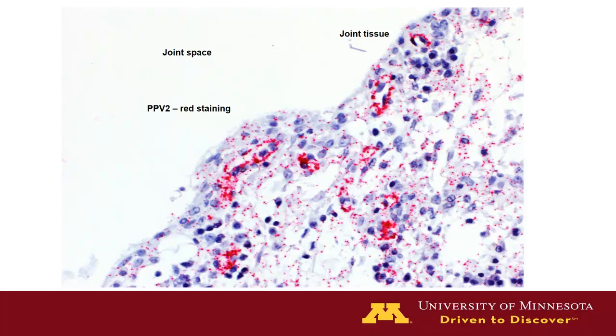infection. And so the red staining here, here's a nice little blood vessel right here. This is PPV2 replicating in joint tissue. And again, to me, when you find a virus replicating in endothelium, that indicates joint damage, vascular damage, and then increased accessibility of bacteria into those tissues.